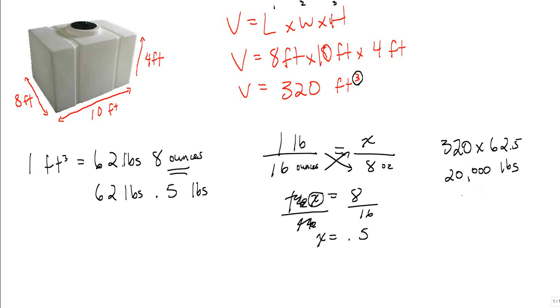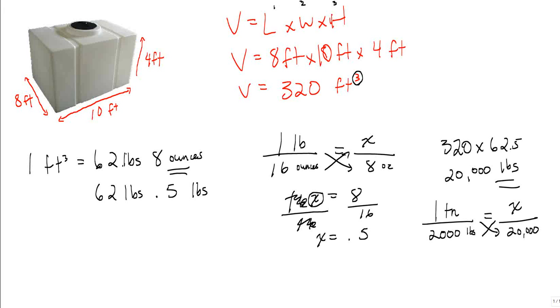We're still not quite done yet. We have to convert these pounds into tons. And once again, we'll do a proportion, so we know that 1 ton equals 2,000 pounds. So we're trying to figure out how many tons are in 20,000 pounds.